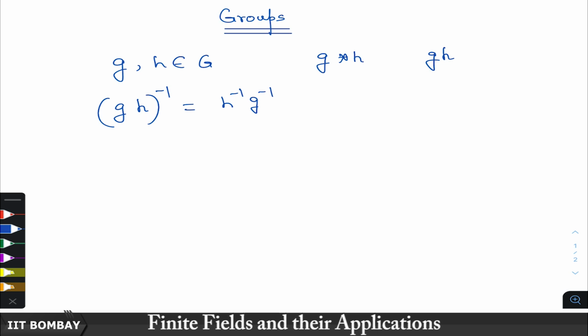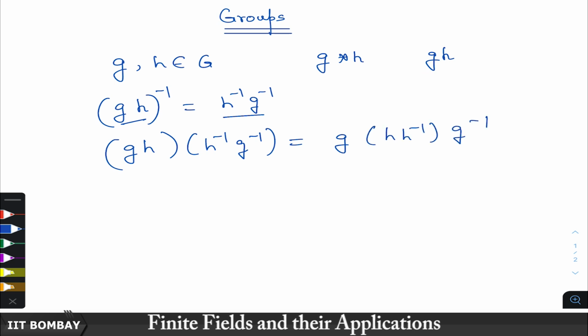Okay. How do you see this? We simply multiply GH with this and see that it will be the identity element. Why? GH times H inverse G inverse is equal to, you can use associativity to rearrange the order in which you do the operation. So, G H H inverse G inverse, and this step requires several uses of the associativity property.